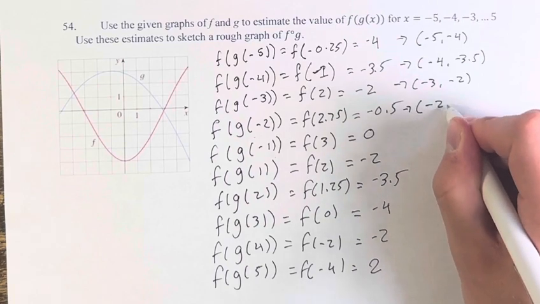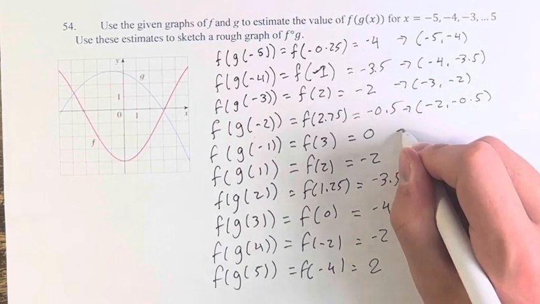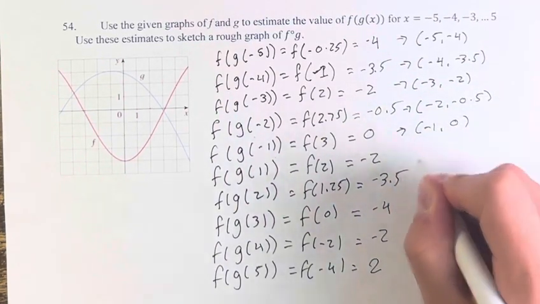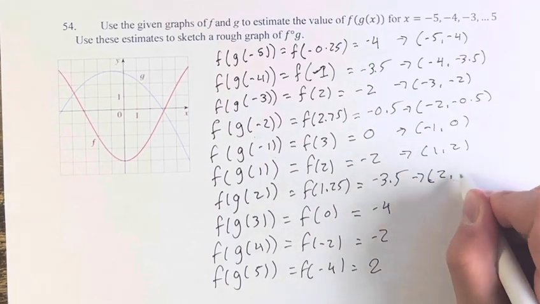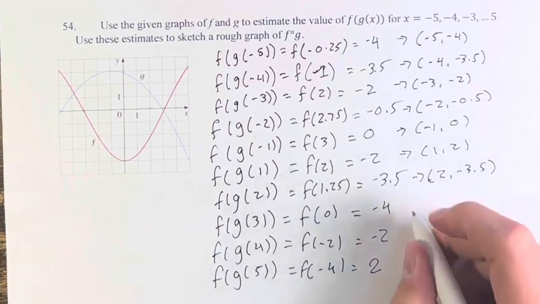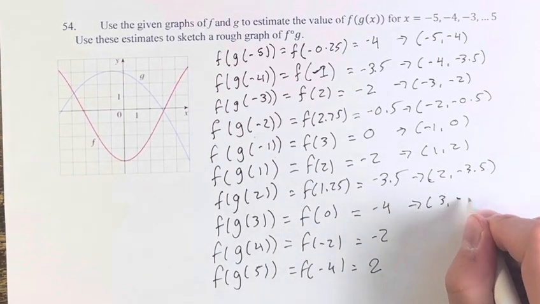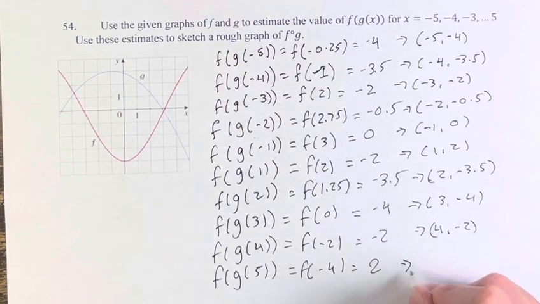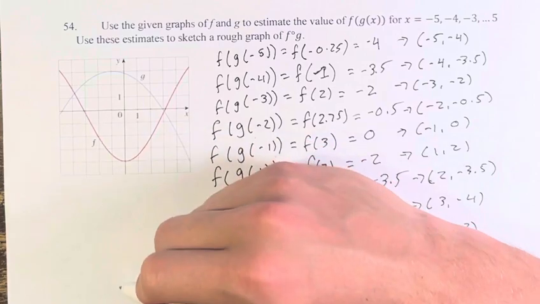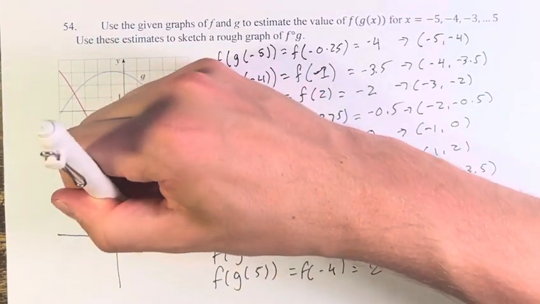We can just write them out right here, and then we can graph them and get a graph of our composition. We can graph them right under the other graph.